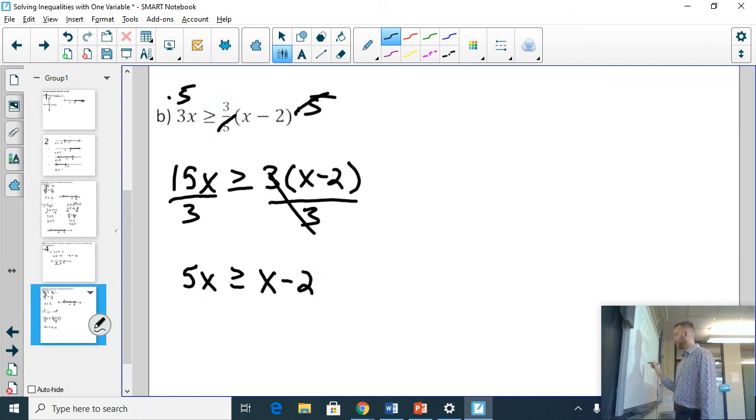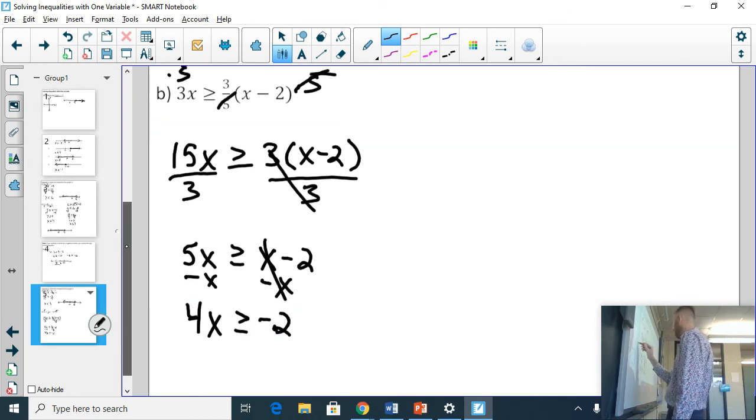And now I'm going to subtract x over on that side. So we'll be left with 5 of something minus 1 of the same something is 4 of that something. 4x is greater than or equal to -2.